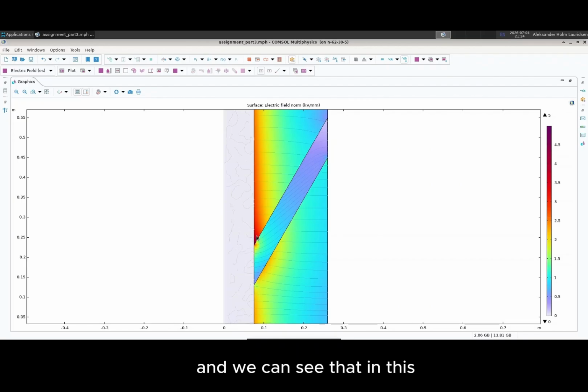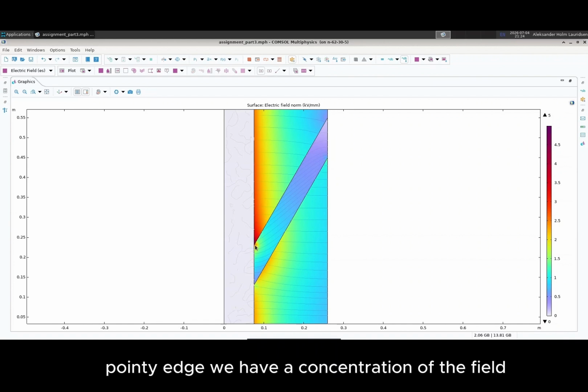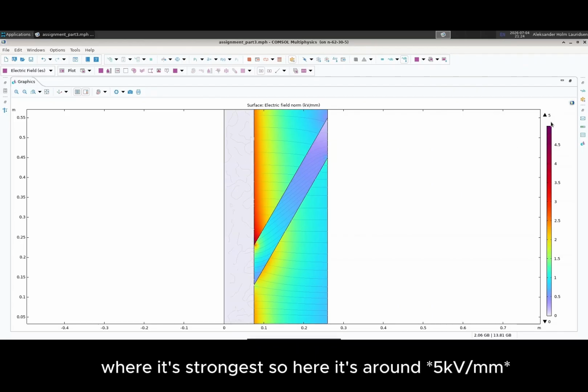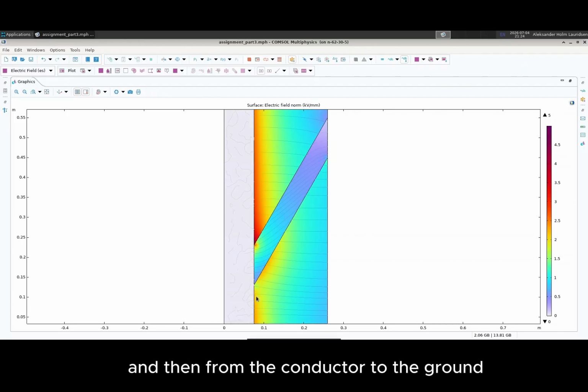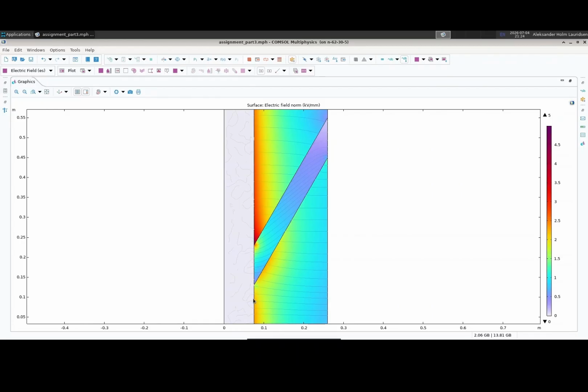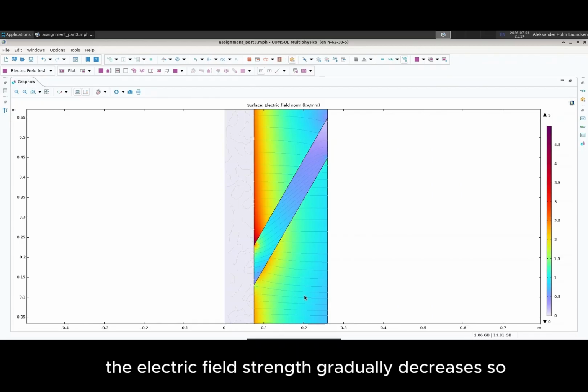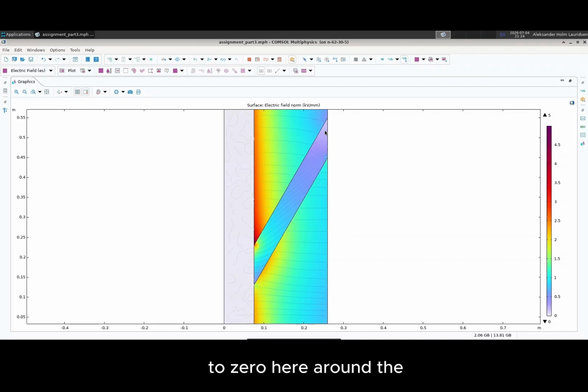And we can see that in this space inside here, where there is a curvature, where there is a pointy edge, we have a concentration of the field where it's strongest. Here it's around 5 kV. And then from the conductor to the ground, the electric field strength gradually decreases, to 0 here around the inside of the spacer.